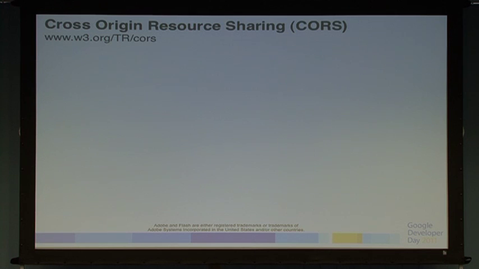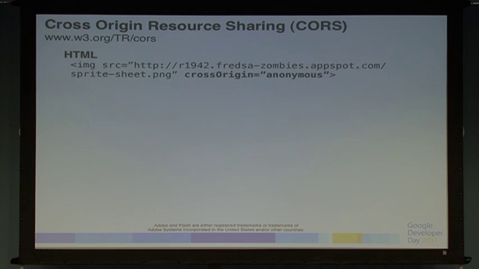So to protect their users, browsers have locked down cross-origin resource sharing when you're using WebGL for hardware acceleration. And that means you have a problem. If you want to serve your assets over here, but your game is on this domain, that really doesn't work. So the answer is a feature that the client and the server both have to opt into, called CORS, or cross-origin resource sharing. In the client, you can use the same image tag you did before, but you add one extra attribute.